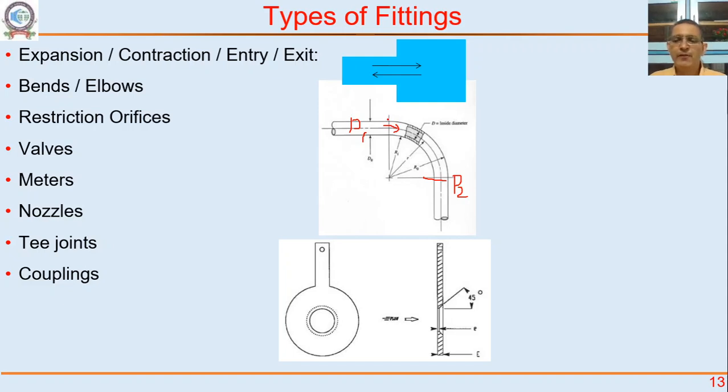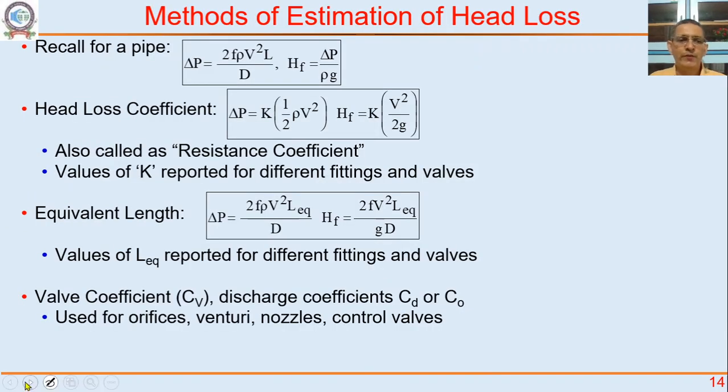Then we can define a head loss coefficient or resistance coefficient for the bend as some multiple of half rho V square. So HF would be K multiplied by V square by 2G, just a multiplication factor on the kinetic head. And these values of K are reported for different types of fittings and valves.